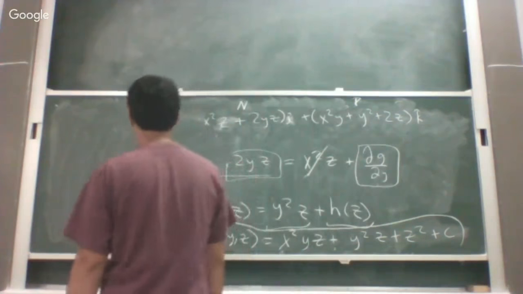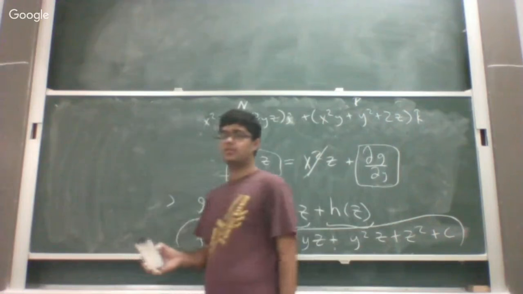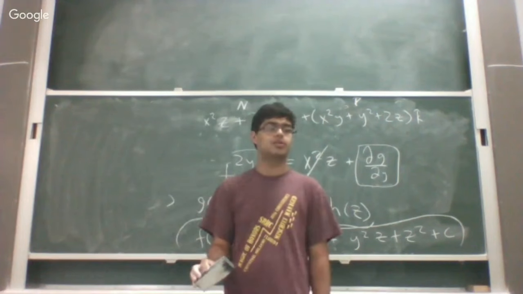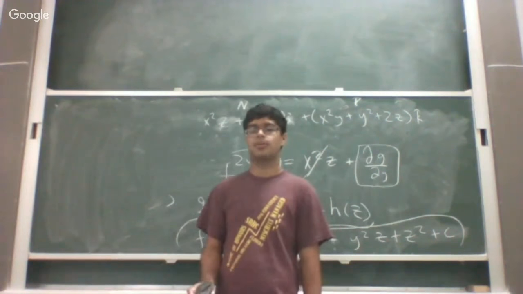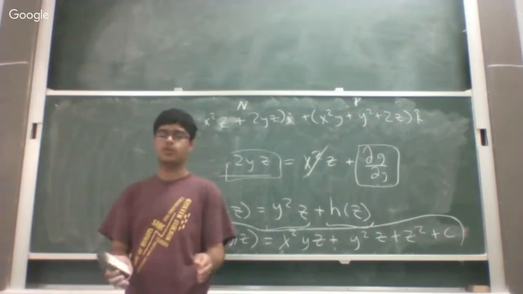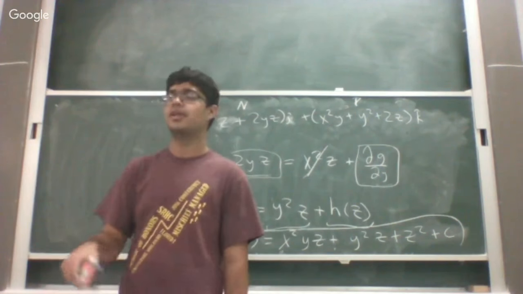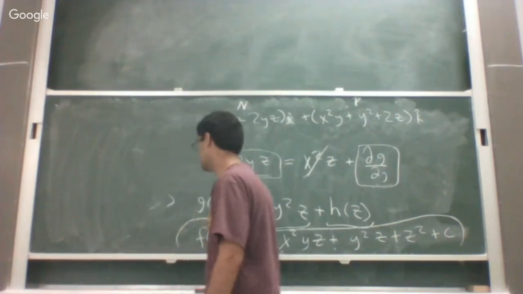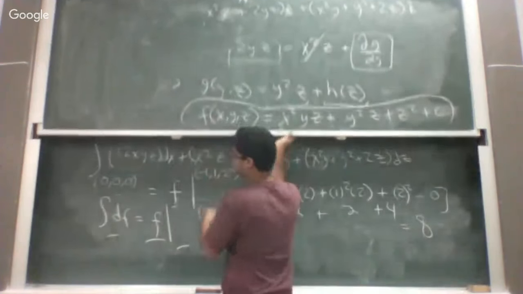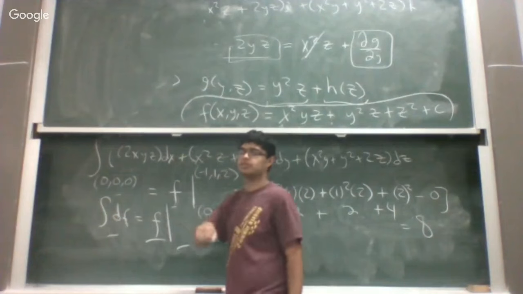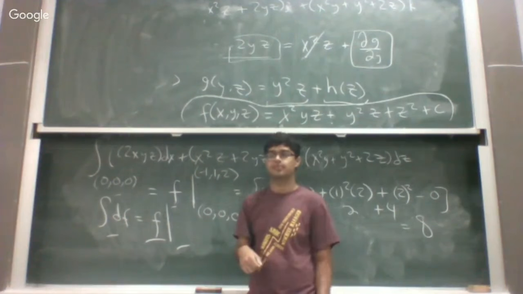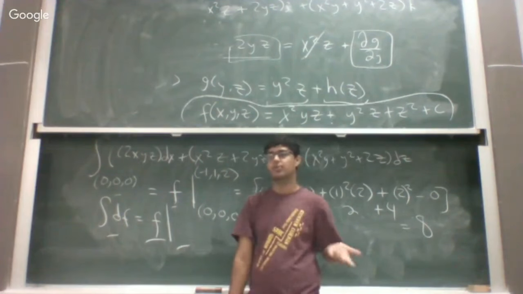But yeah, let me just summarize that. Work is path dependent in normal situations. But once we show that it is conservative or exact, then it's path independent, and that's why we can do the integral from the beginning to the end. Because it depends on the area. Work depends on the area.